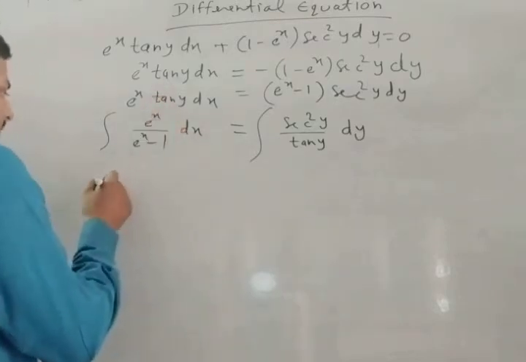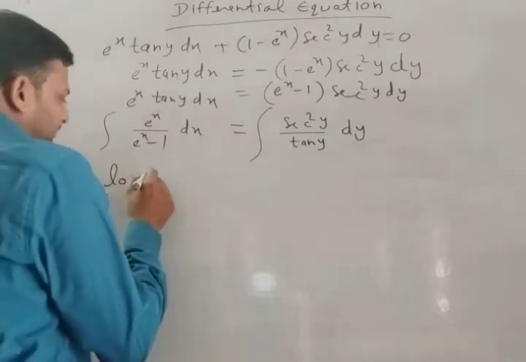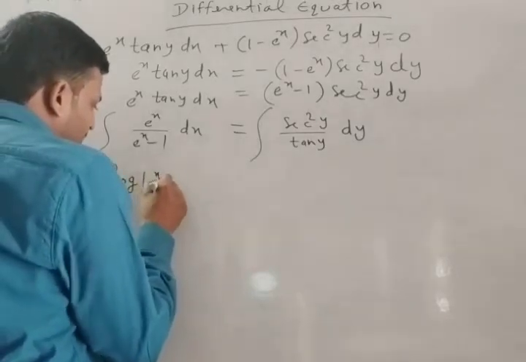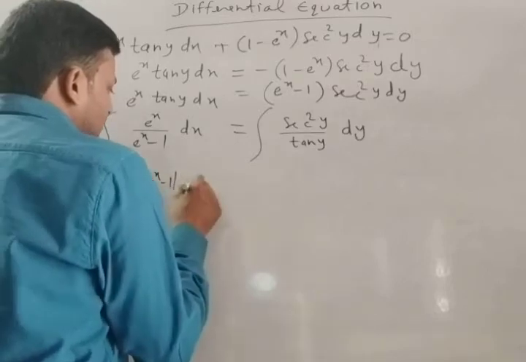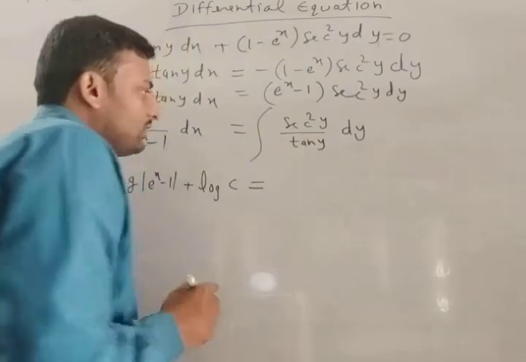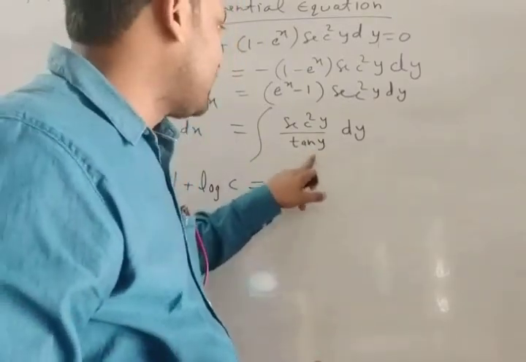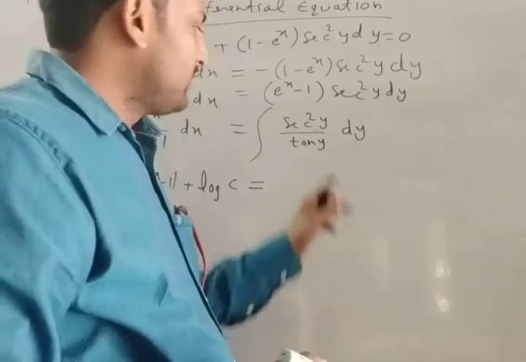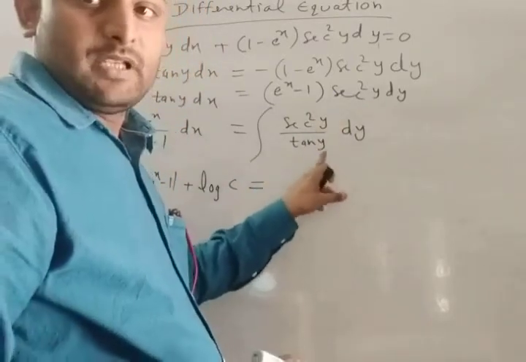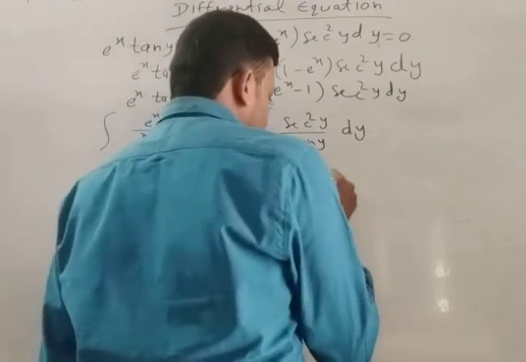So the left side will be log of modulus e to the power x minus 1 plus log of c. This is equal to, if we take tan y as t, the differentiation of tan y is sec square y dy. So here will be 1 by t, and we write log of t.